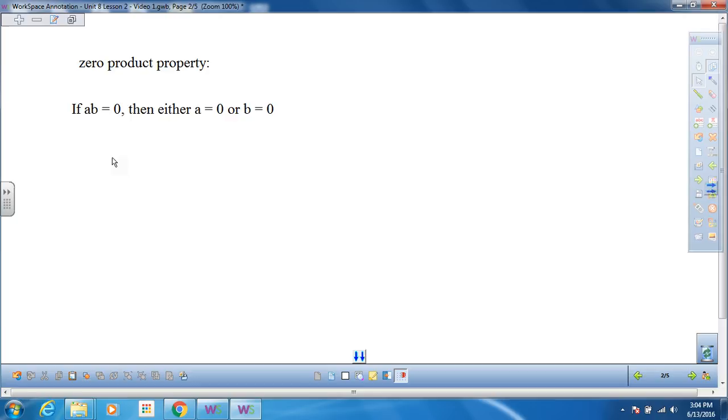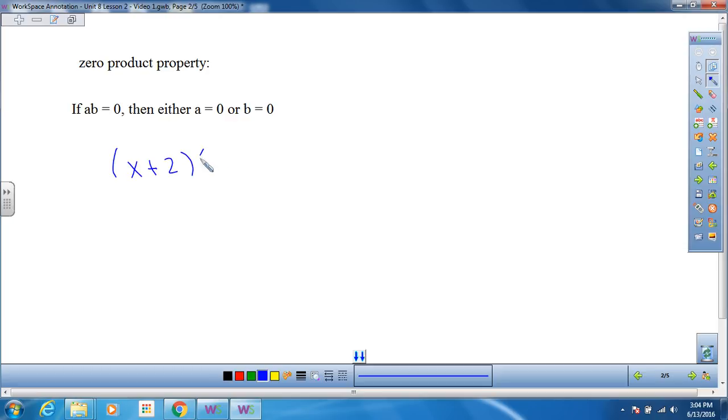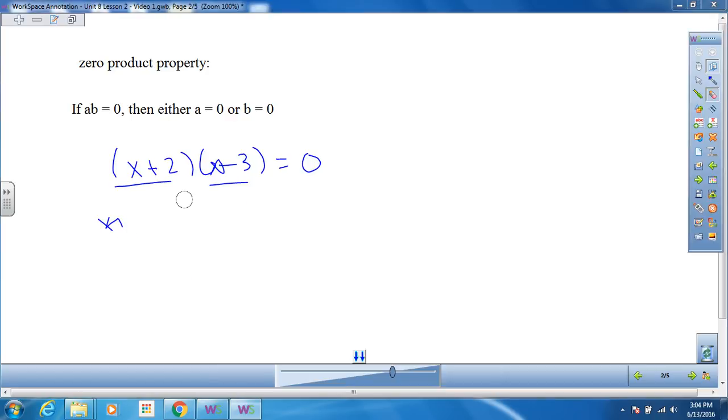So after we factor something, let's say we factor a trinomial and it's (x + 2)(x - 3), and that equals 0. Then the zero product property tells me that either x + 2 or x - 3 must be 0. So that's how I solve. I'm going to separate those and make two separate equations.